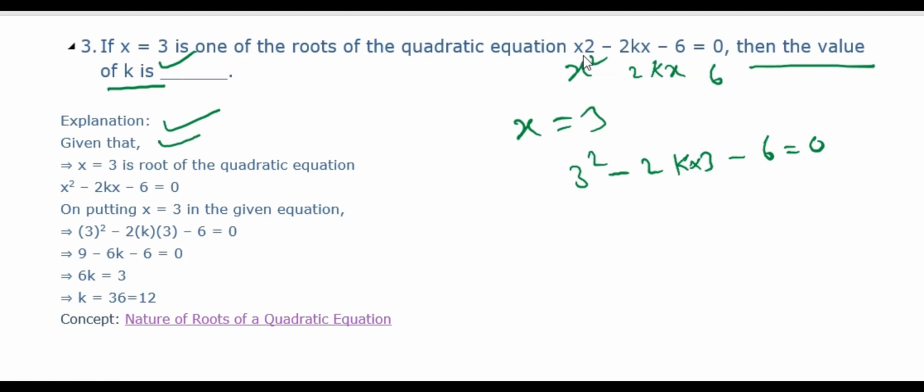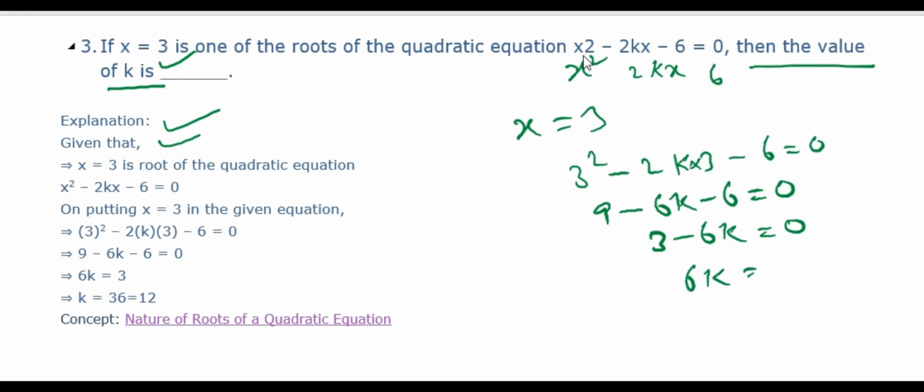So 9 minus 6k minus 6 equal to 0. That is 3 minus 6k equal to 0, so 6k equal to 3 and k equal to 3 by 6.